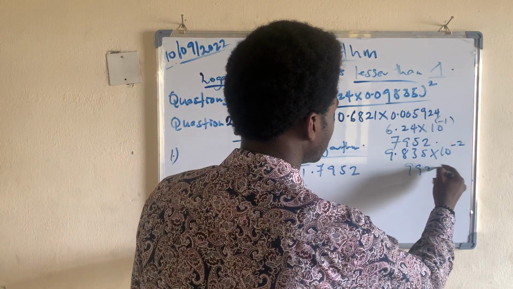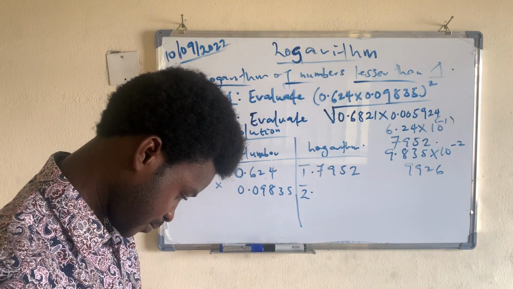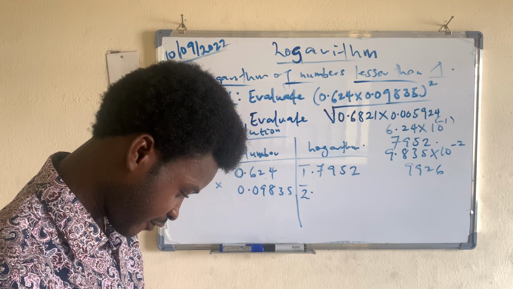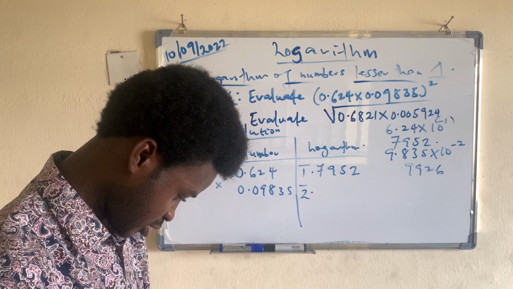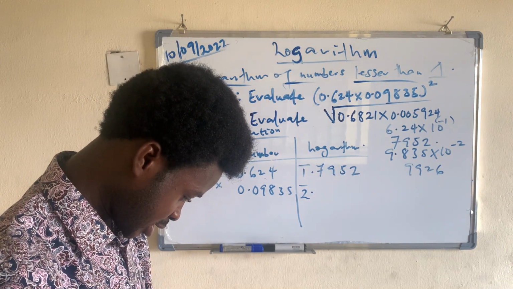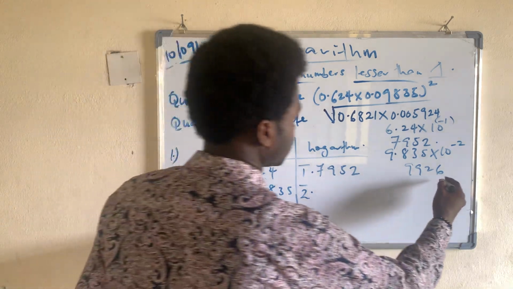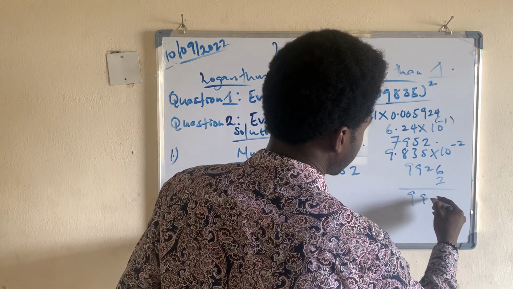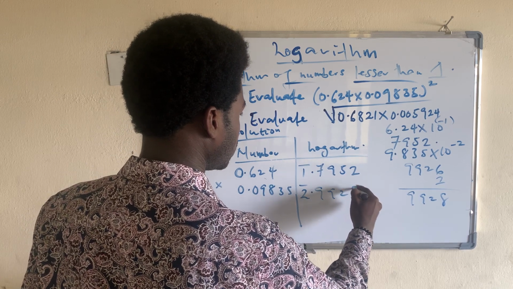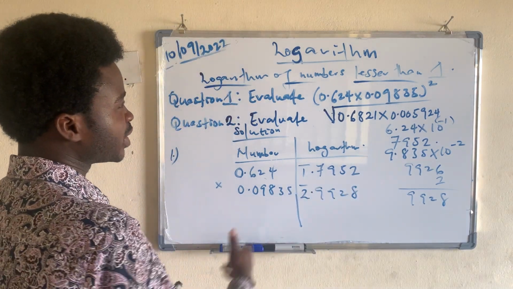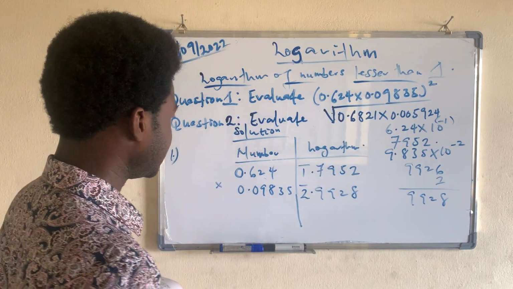Then for difference 5, under 98 3, that's 2. So I have 9928 here. Very good.